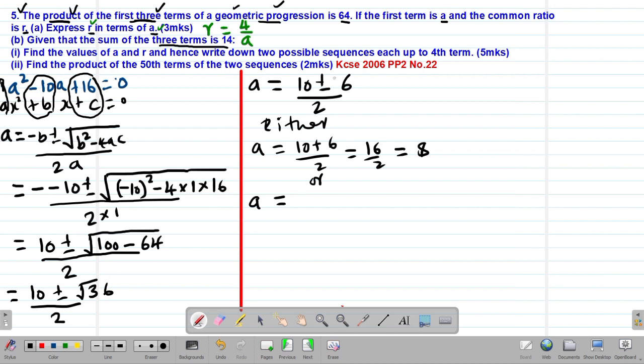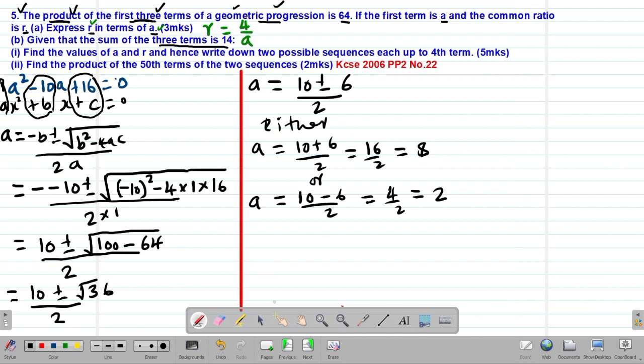So we substitute when the sign in between 10 and 6 is negative. So this will be 10 minus 6 divided by 2, which will give us 10 minus 6 will get positive 4 over 2, which is going to give us a positive 2. So these are the possible values of a.